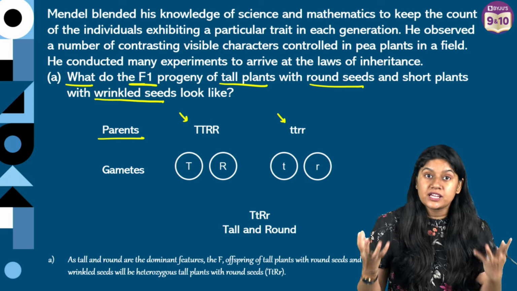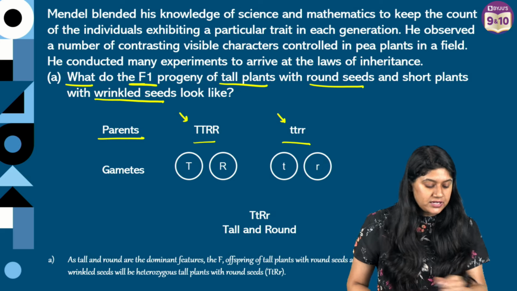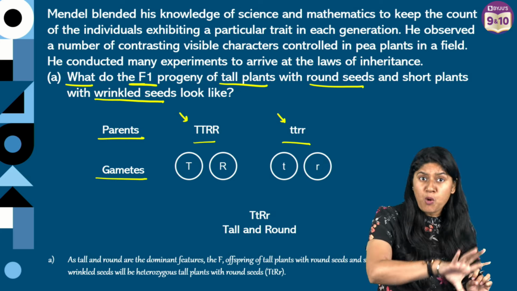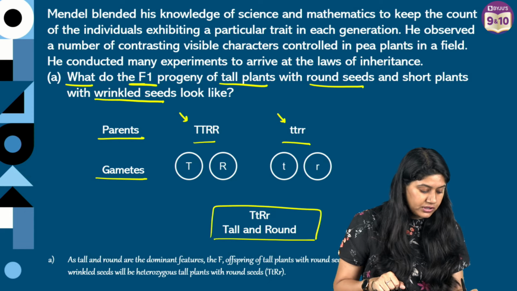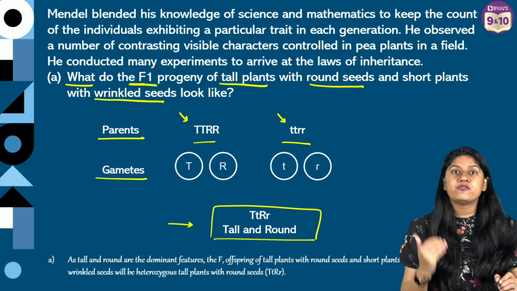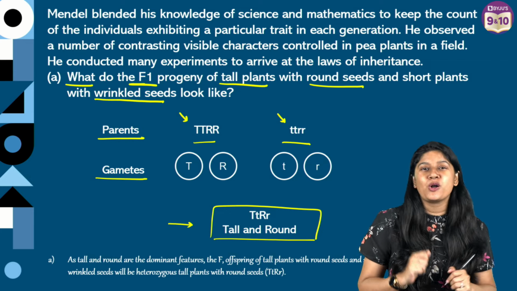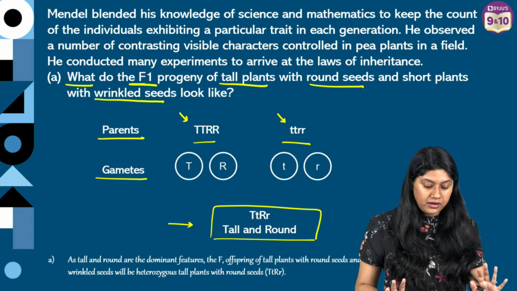Upon the cross between these two, what will we get? We will get the gametes, capital T and capital R, small t and small r. Based upon that, we will have the progeny, the F1 generation, which will have capital T, small t, capital R and small r. This is the genotype.